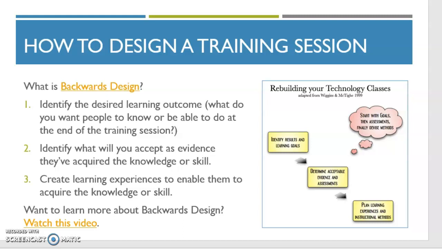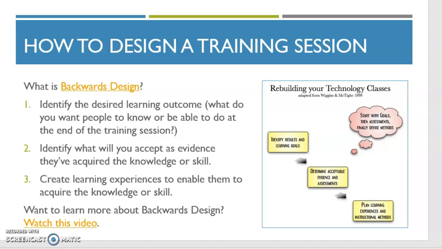So beginning with the end ensures that learning experiences that you teach along the way provide opportunities for learners to acquire the knowledge or skills required to achieve the intended learning outcome. So before you start, you think about, what do I want people to be able to do or to know? Okay, so you think about the end.